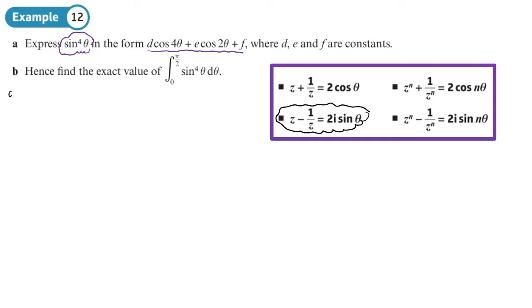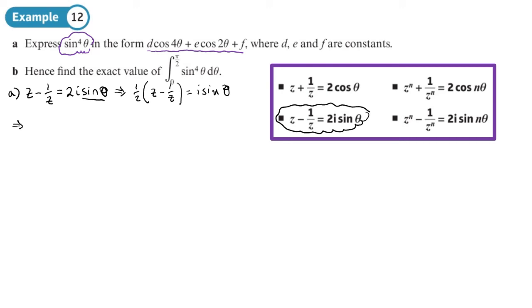So step number 1, we're going to write down z minus 1 over z equals 2i sine theta. The bit we're interested in really is the sine theta. So we're going to divide both sides by 2. So z minus 1 over z is i sine theta. And then we're going to do power 4 to both sides.